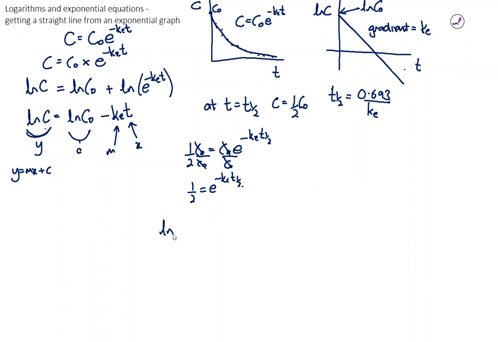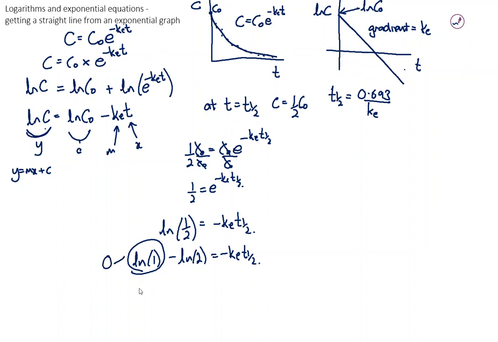So I'll have ln of a half equals minus Ke times t half, and ln of a half is ln of 1 minus ln of 2. That's the rules of powers. And ln of 1 is 0, which you can check on your calculator if you want. So we're left with that relationship there.